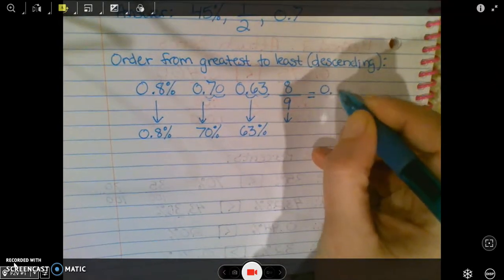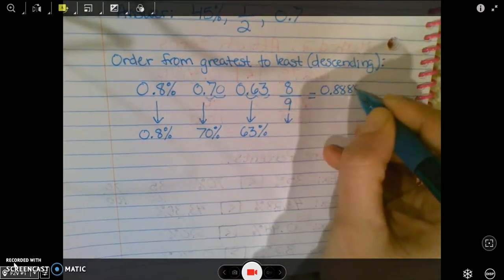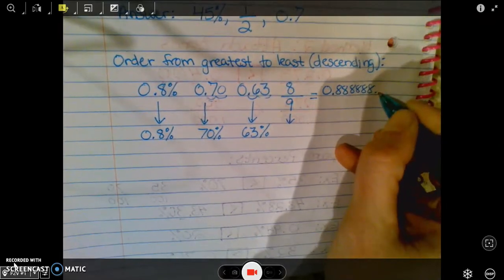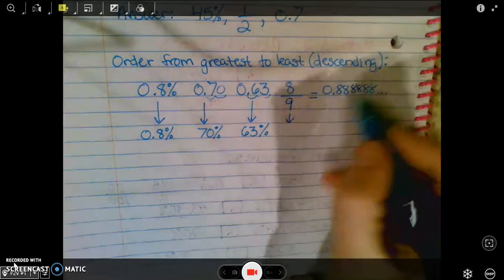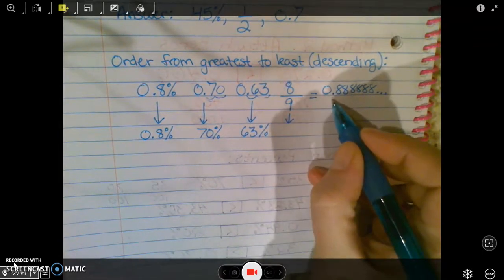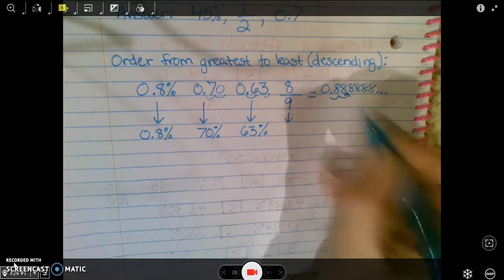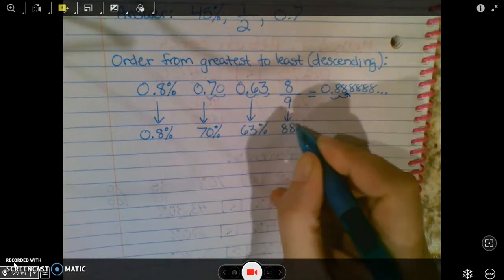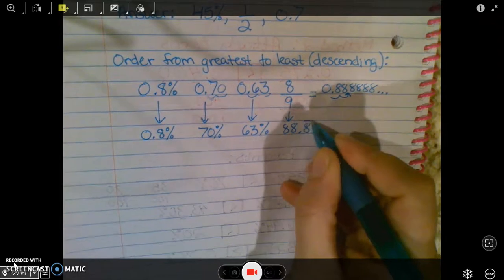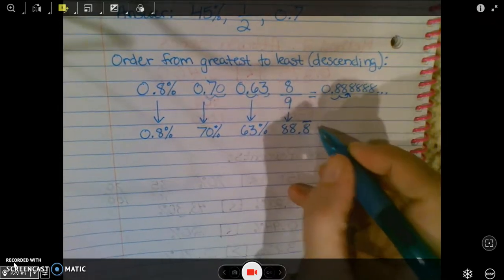So I have 0.88888, the 8 keeps repeating, okay? So if I have that repeating decimal and then I move my decimal point 2 places to the right to turn it into percent form, that would give me 88.8. Then you can draw the line over it for repeating percent.